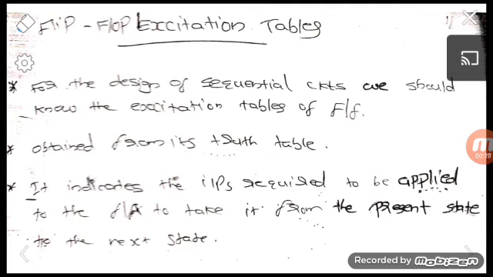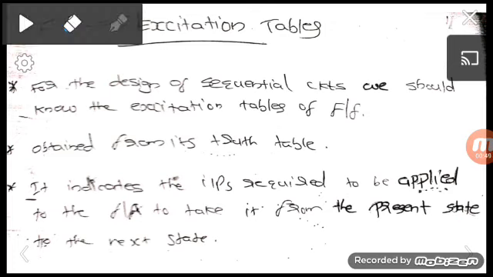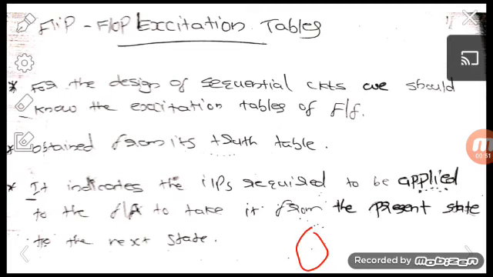This excitation table indicates the inputs required to be applied to the flip-flop to take it from the present state to the next state. Suppose the present state of our flip-flop is 0, and we want to change that 0 to 1.